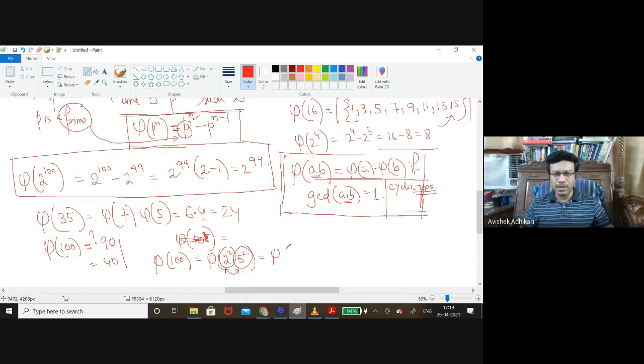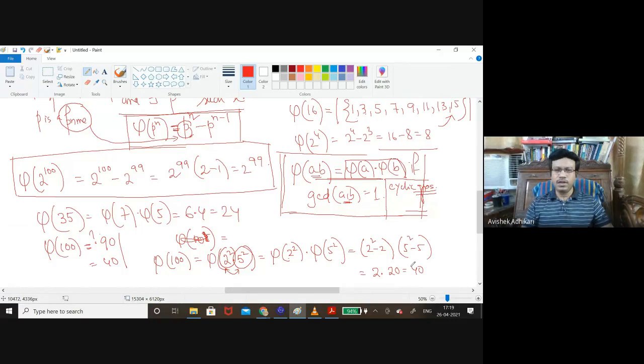So very well you can write phi of 2 square into phi of 5 square by using this result. Now you can use the prime formula, because 2 is prime, 5 is prime. So it's 2 square minus 2 and it's 5 square minus 5. 2 square minus 2 is 2 and 5 square minus 5 is 20. So 40. So 40 is the correct answer. Is it clear to all of you?